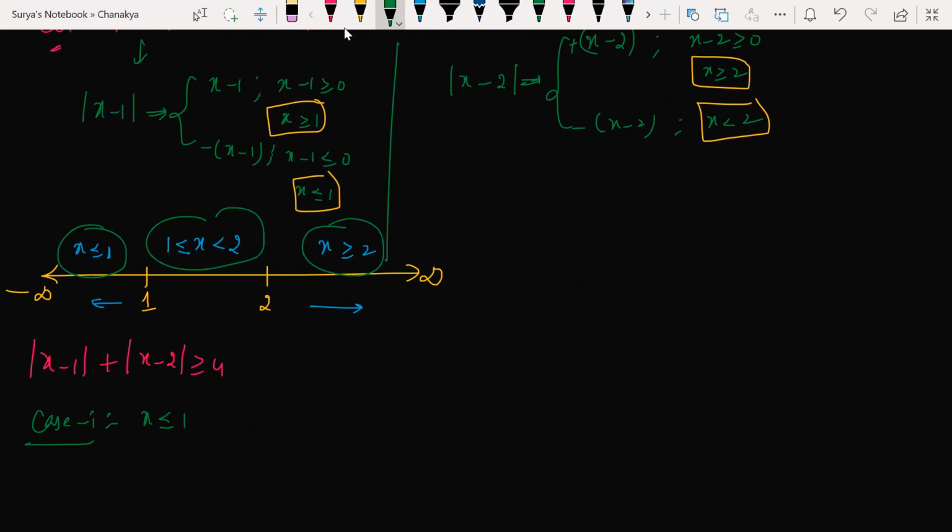At x less than or equal to 1, this function is going to be defined as minus of x minus 1, and the other as x minus 2, plus modulus of x minus 2.